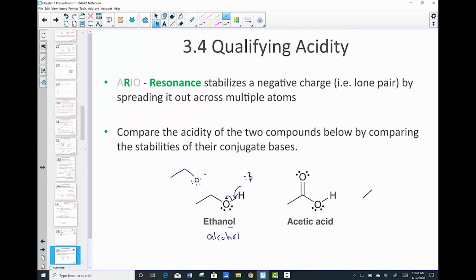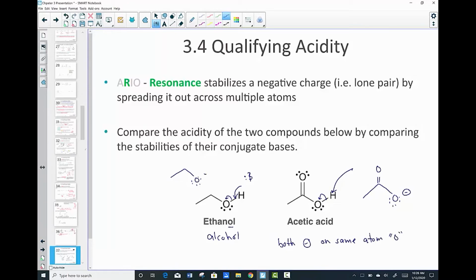But in acetic acid, when this proton gets abstracted, this oxygen receives a pair of electrons when the hydrogen is removed, forming a negative charge here. Now, both negative charges, let's just draw that, are on the same atom. They're both on an oxygen.